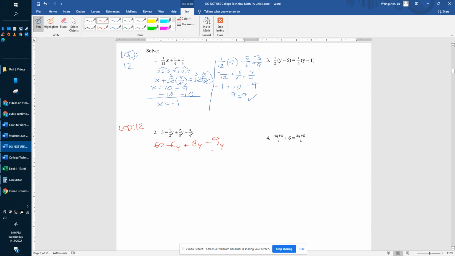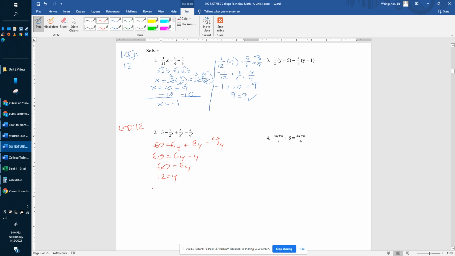So now we combine all of our variables. We get 60 equals 6y minus y. 60 equals 5y. Divide both sides by 5, and we get 12 equals y.